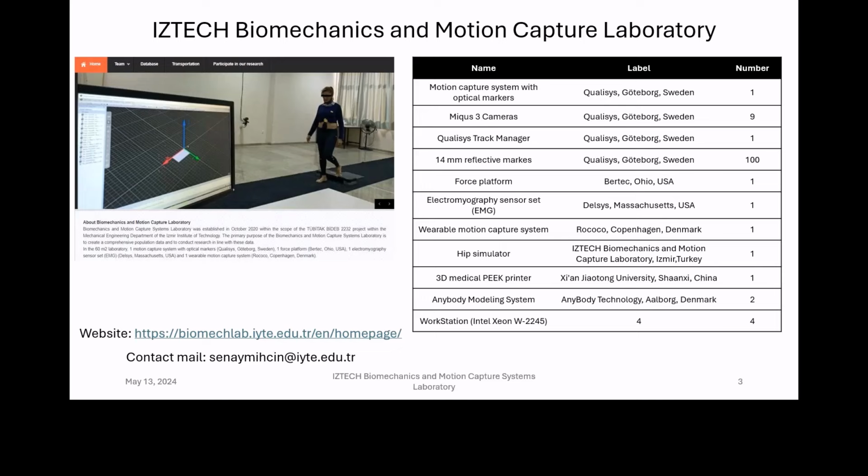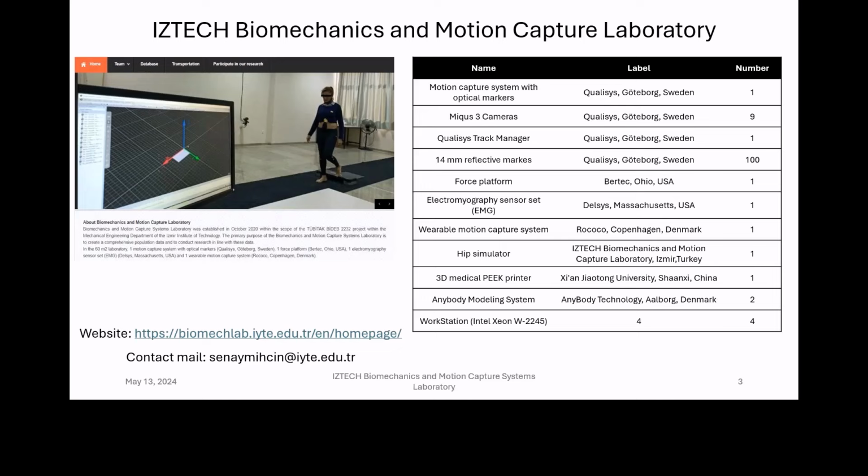And we have a Bartek force platform. We also have Delsys EMG sensor sets. In addition to this marker-based MOCAP system, we have a wearable motion capture system, Rokoko, which is utilized mostly in film and art industry, but we also conducted some experiments to validate its use for gait assessment aims.